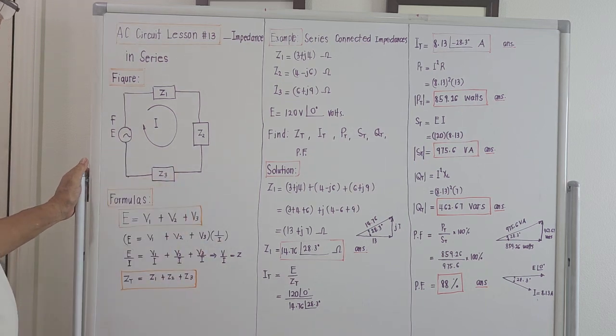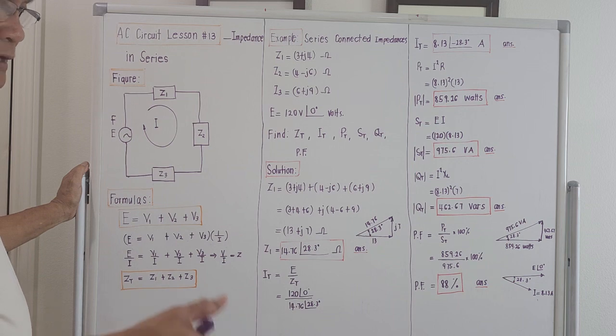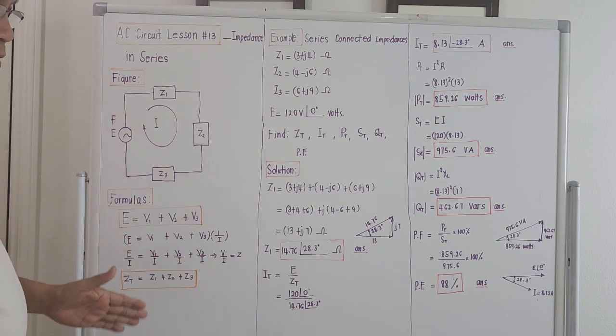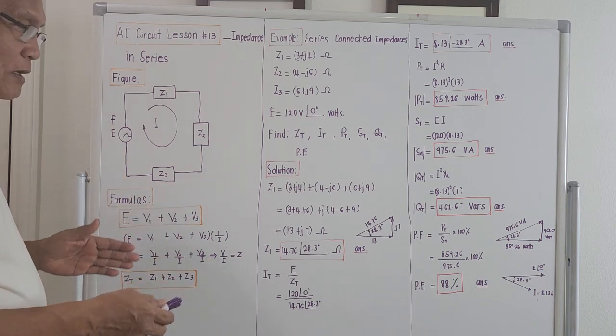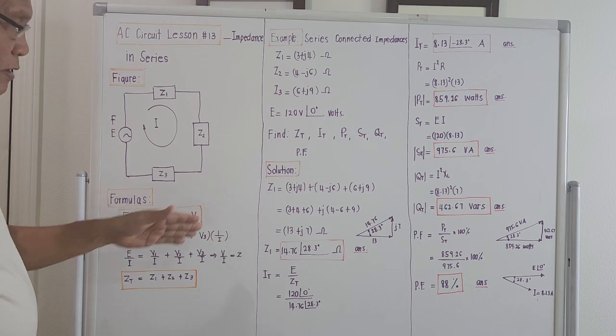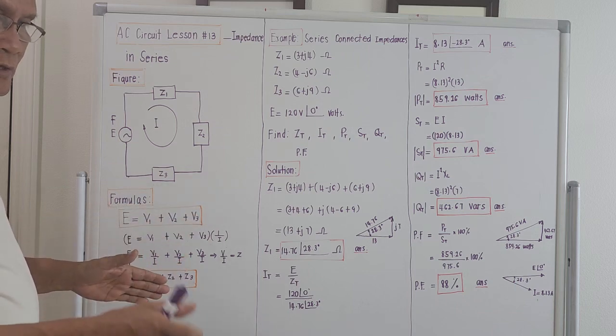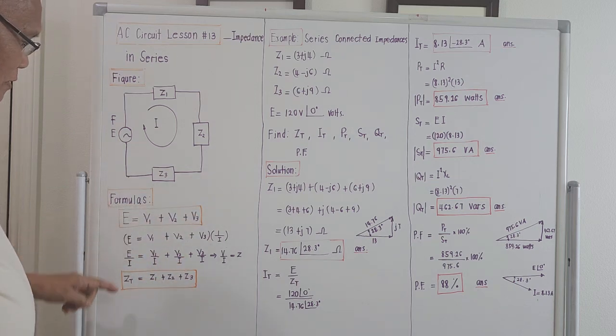Okay, let's try to bring out the formulas for impedances in series. Considering for the meantime true impedances, the formulas that will be needed here are actually these two. The foundation of series impedances are these two formulas here.